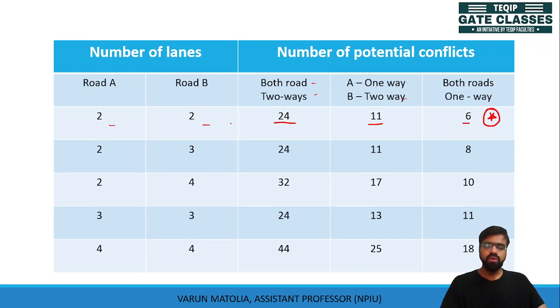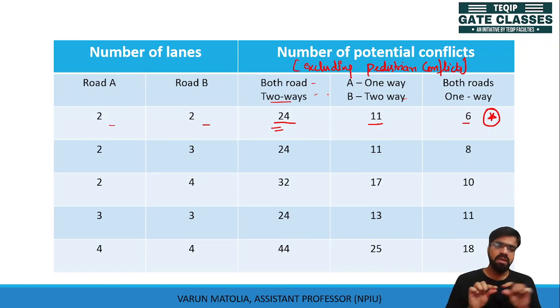With two-way traffic, with both the roads as two lane, they will have a maximum of 24. Remember, these values are excluding pedestrian conflicts. So whenever you are asked about conflict points, if the word pedestrian is not written in the question, you will not focus on pedestrian conflict points.